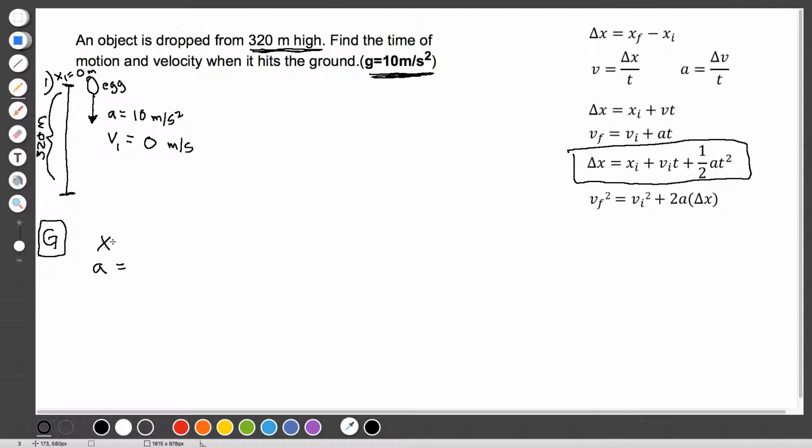So let's just say x equals 320 meters and acceleration equals 10 meters per second squared.